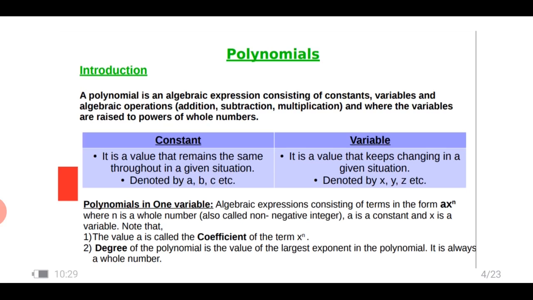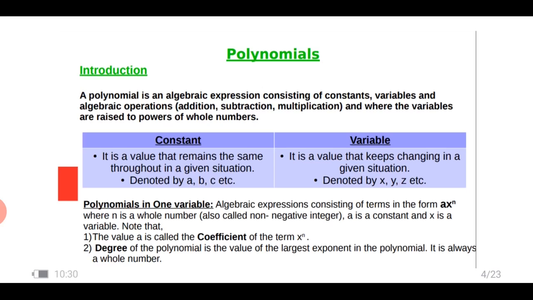we have to define what is a polynomial in one variable. An algebraic expression consisting of terms in the form of ax^n, where n is a whole number, which is always in the form of a positive integer, and a is a constant and x is a variable.